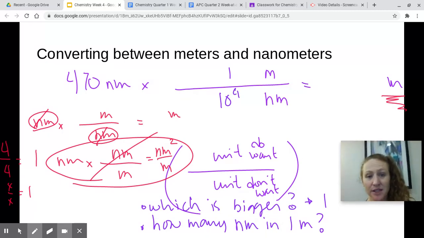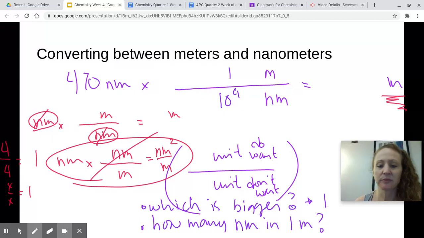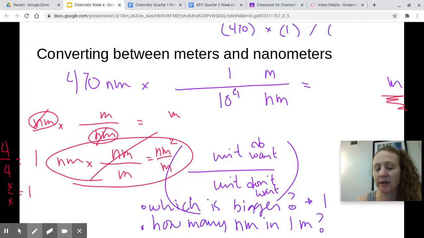Now you plug this into your calculator. You're going to plug in 470 times the numerator, 1, divided by the denominator, or 1 billion.